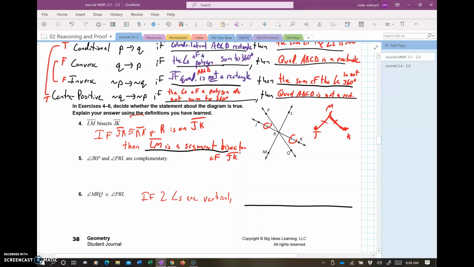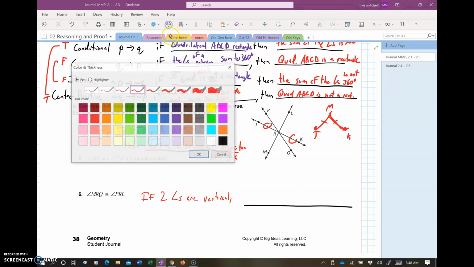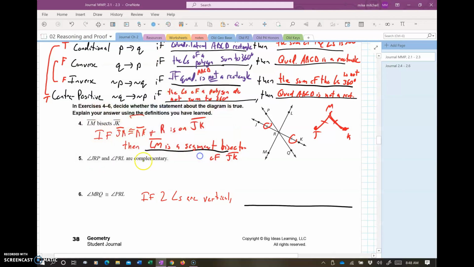Okay. Next one, I'm going to change colors for quick. Let's go green.